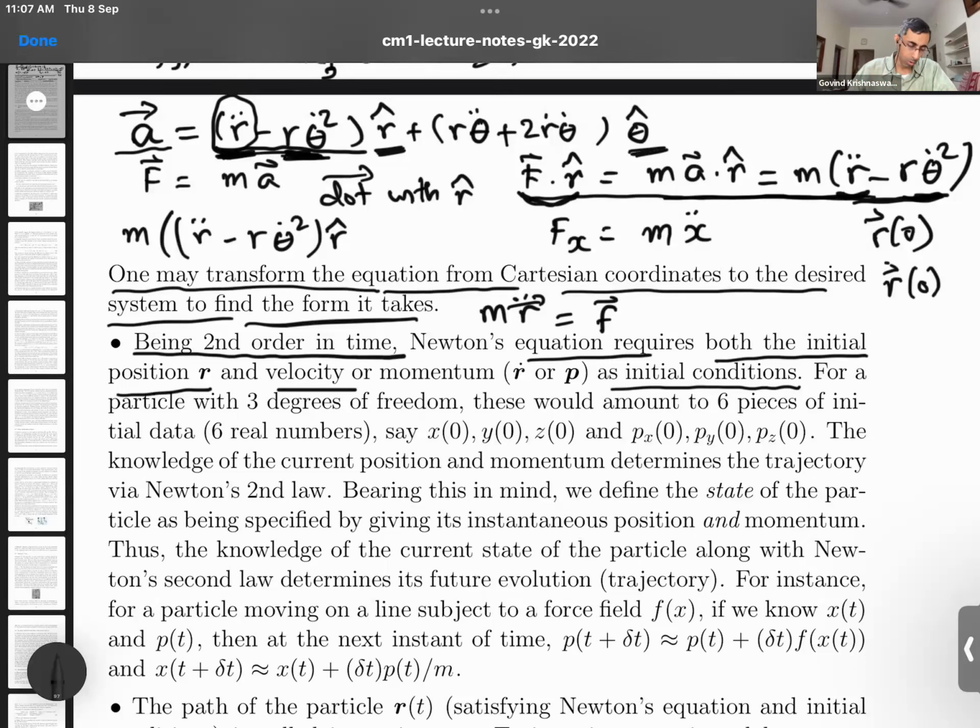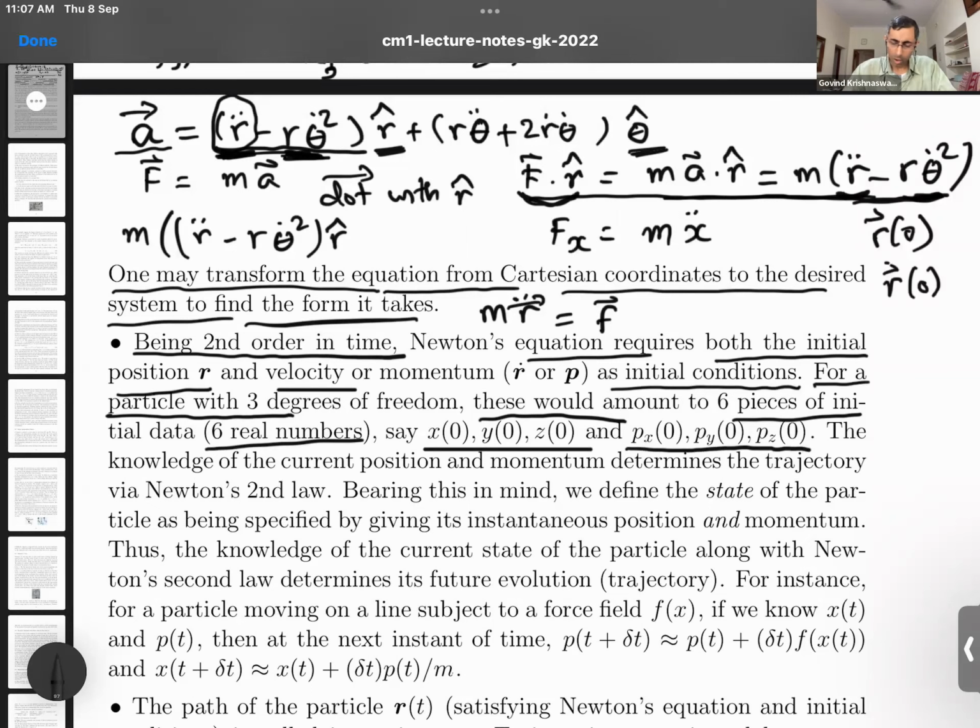So let's be a bit more detailed. For a particle with 3 degrees of freedom, such as a particle moving in this room, these would amount to 6 pieces of initial data. When I say 6 pieces of initial data, I mean 6 real numbers, the 3 Cartesian components of position and the 3 Cartesian components of the initial momentum.